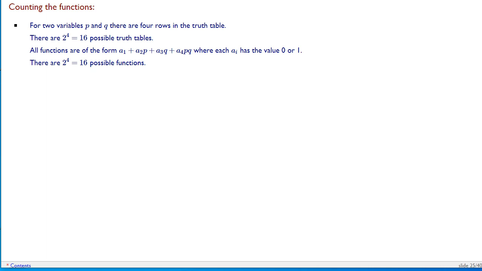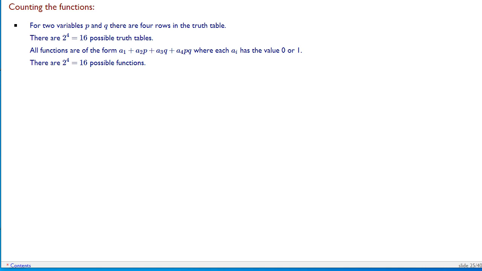A reasonable question to ask is, how many functions like this are there? Well, let's think of the two-variable case. You've seen lots of 4-row truth tables for functions of two logical variables. Since in the results column of that truth table you can have true or false in any of the 4 positions, there are 2 to the 4th, or 16, possible truth tables.